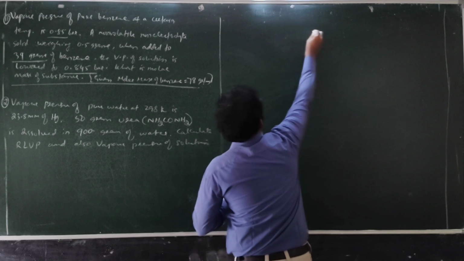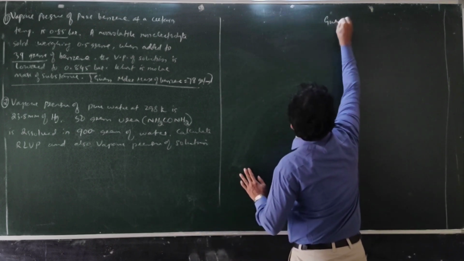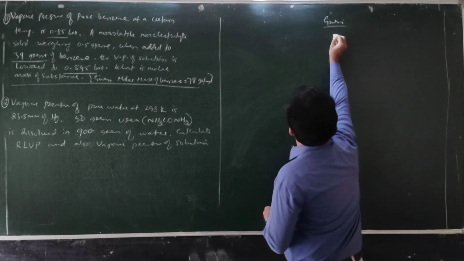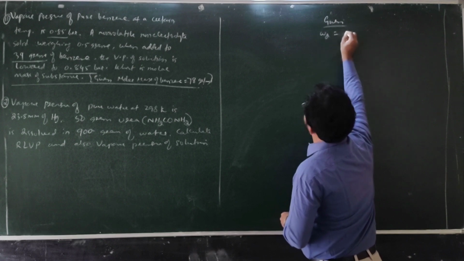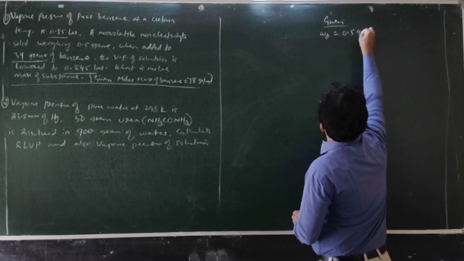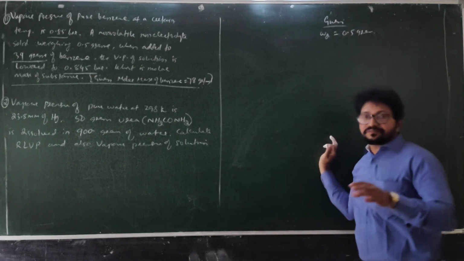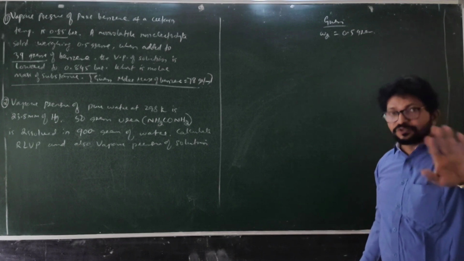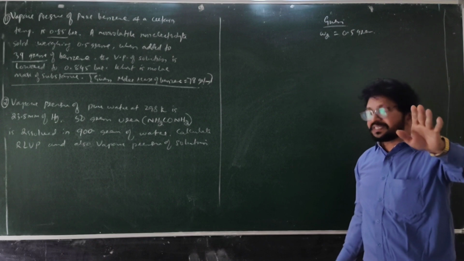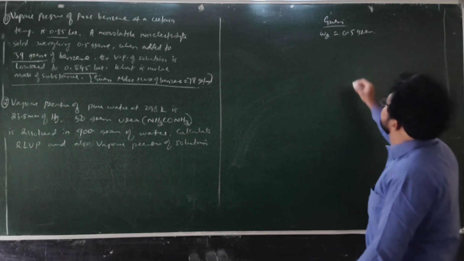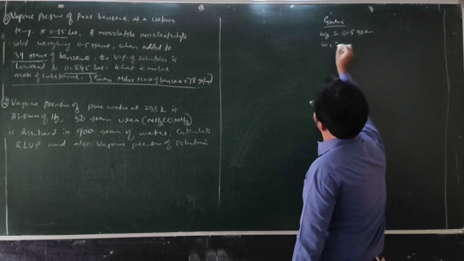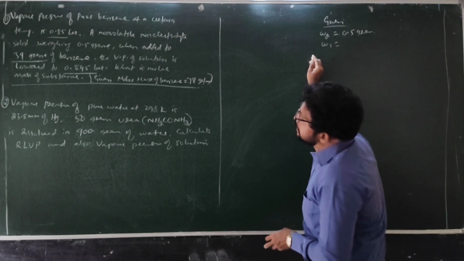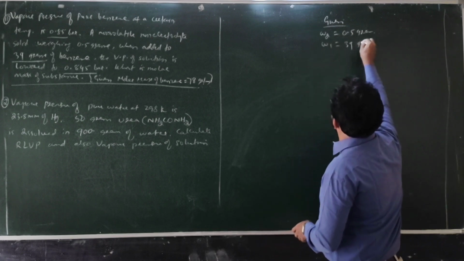So you should write what is given here. W2 is how much? 0.5 gram. Please try to understand. W2 stands for mass of solute. W1 stands for mass of solvent. W1 is how much? 39 grams of benzene. Correct now?